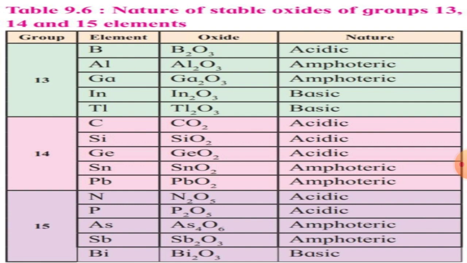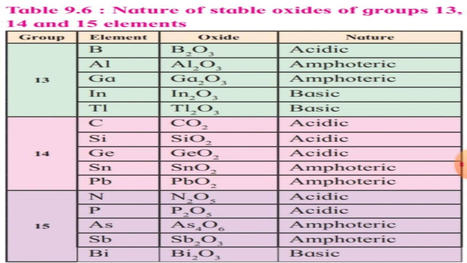Now for group 13: boron, aluminium, gallium, indium and thallium. These elements in their respective oxide forms. As the metallic character is increasing down the group, boron in oxide form is acidic in nature, whereas aluminium is amphoteric in nature.